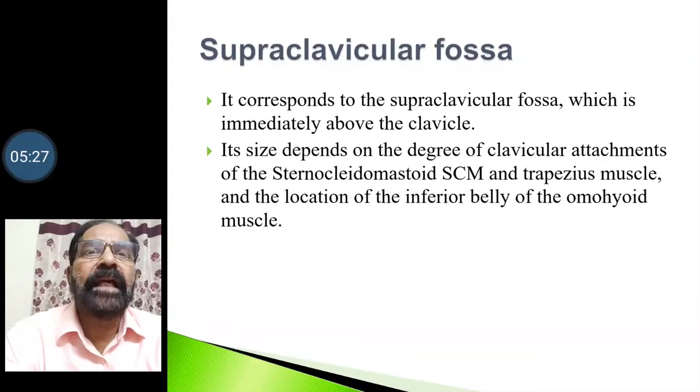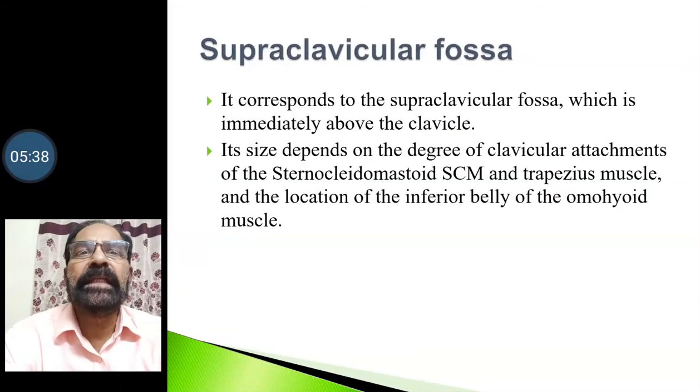This area corresponds to the supraclavicular fossa, which is immediately above the clavicle. Its size depends on the degree of the clavicular attachments of sternocleidomastoid muscle and trapezius muscle, and the location of the inferior belly of omohyoid.